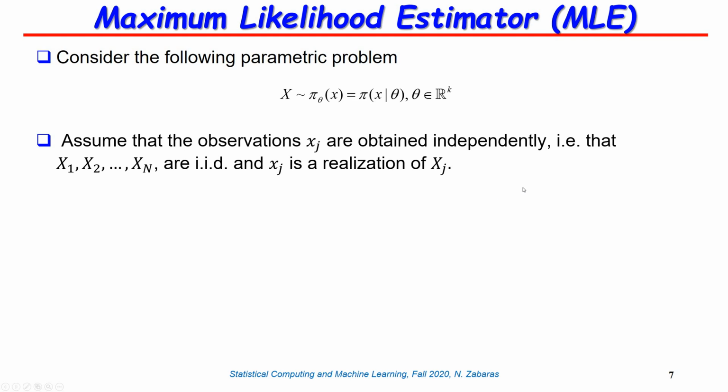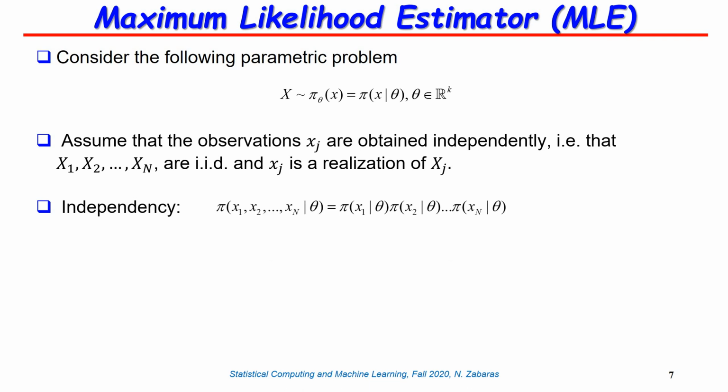We're going to assume that these data are realizations of these capital Xj random variables, and because we collect this data in an independent fashion, I can write that the probability of the observations x1, x2, ..., xn given theta is the product of pi of x1 given theta, pi of x2 given theta, etc. Pay attention here to the independence, but also the conditioning of all these events.